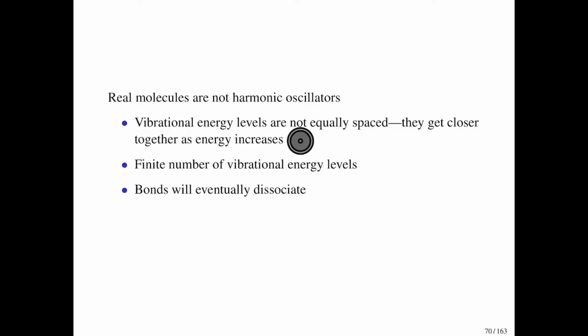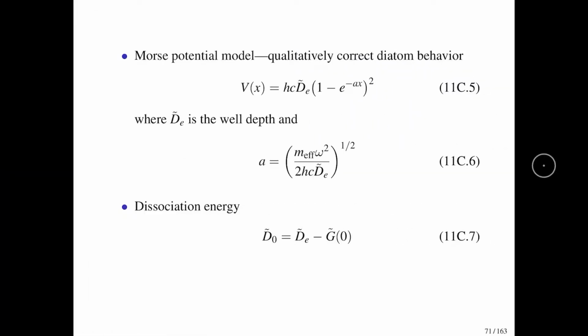Moreover, the harmonic oscillator has an infinite number of energy levels, and real diatoms have a finite number of vibrational energy levels. And I mentioned this earlier, in the harmonic oscillator model, the bond can never be broken. However, for a real molecule, if you put enough vibrational energy into the bond, it will dissociate. And so these are some facts that we need to contend with.